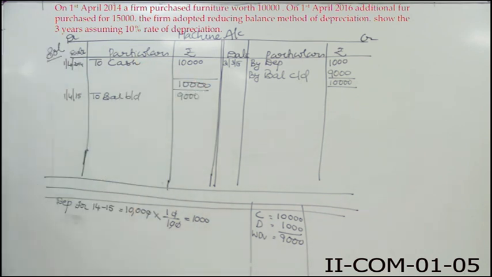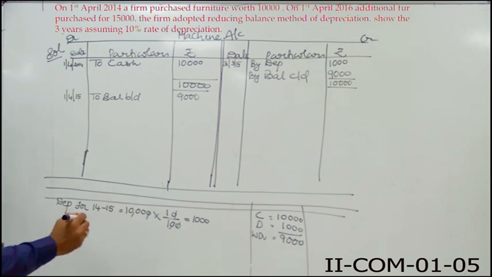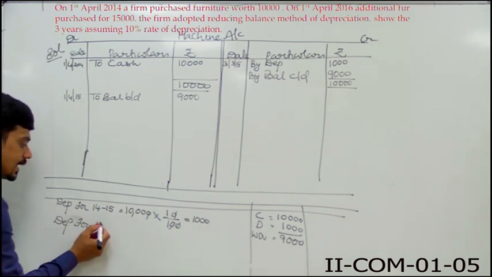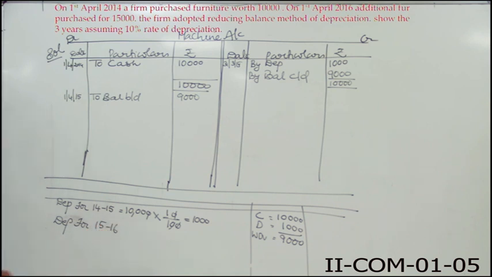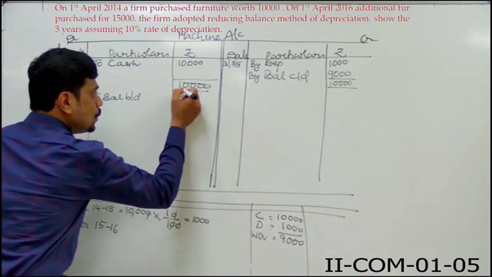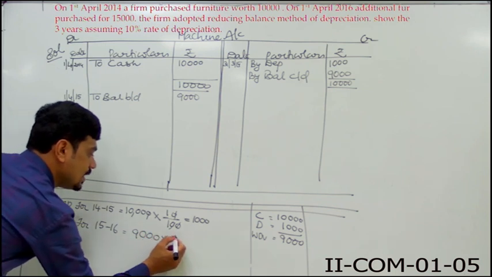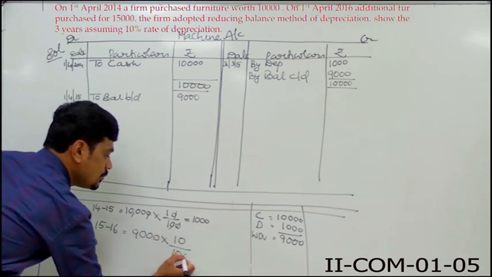Now focus on the subject. Since it is reducing balance method, again I'll calculate depreciation. Depreciation for 15 to 16, separate depreciation. What is the written down value? 9,000. So on this 9,000, I'll calculate 10%.